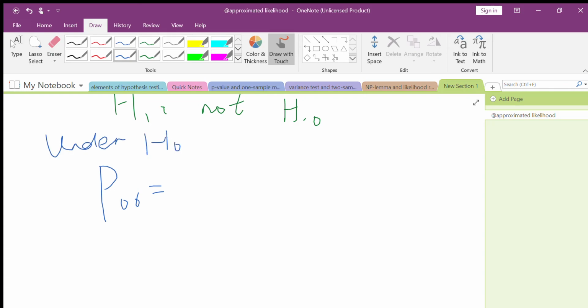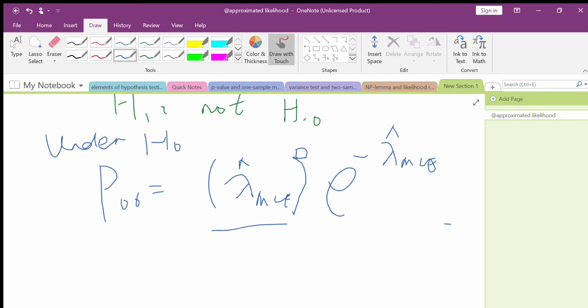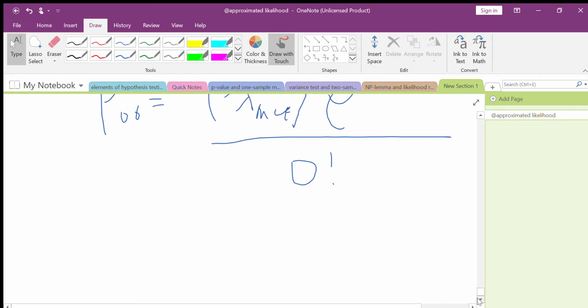P00 is what? It is lambda hat MLE raised to the power 0, e raised to the power negative lambda hat MLE, divided by 0 factorial.